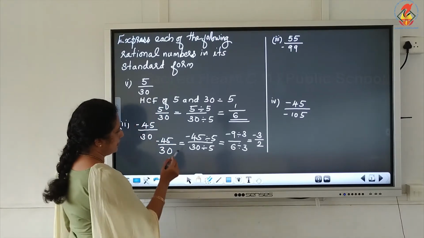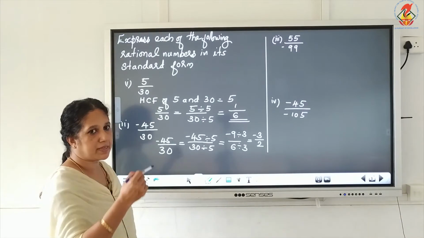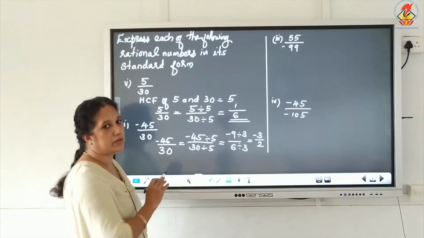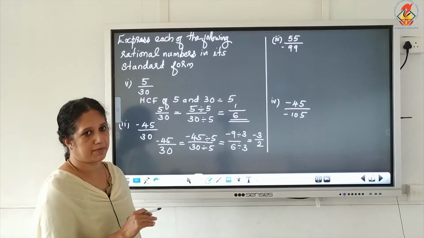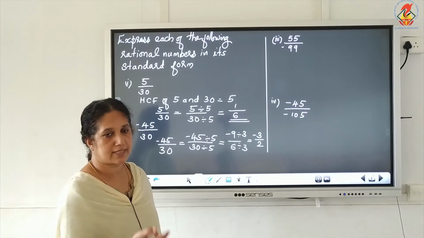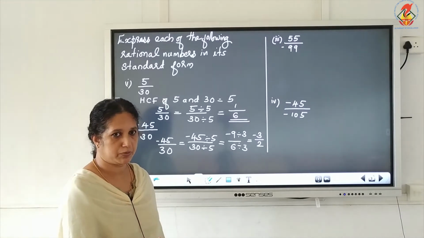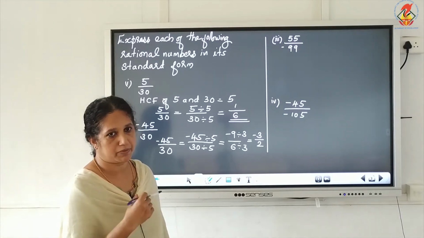Here we did it in 2 steps. So, suppose a number comes to your mind as a common factor, you divide with that number. Then look at the result, whether it is in the reduced form. If it is not in the reduced form, again you can divide with a common factor.